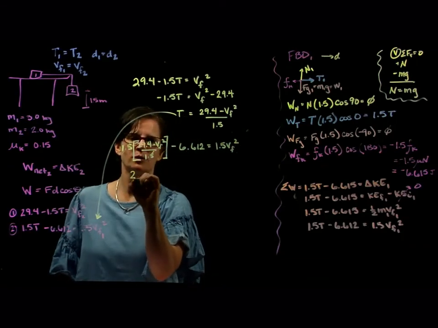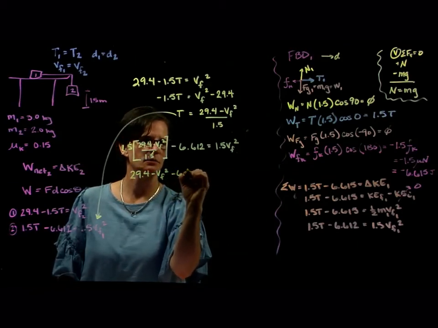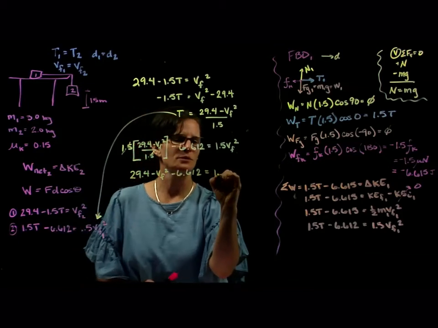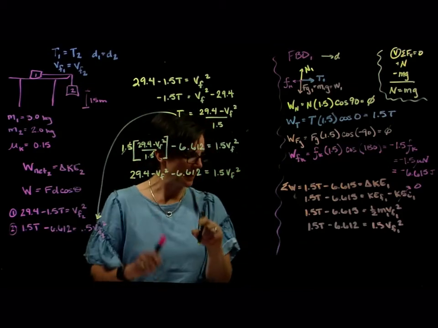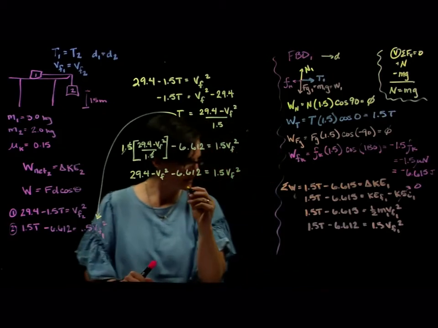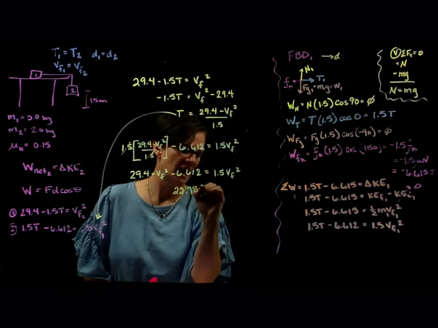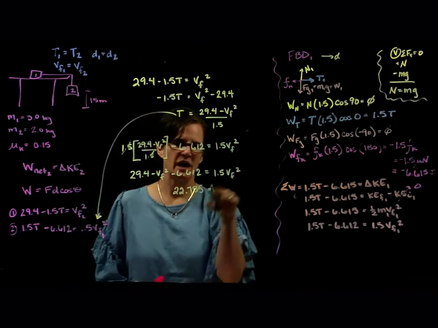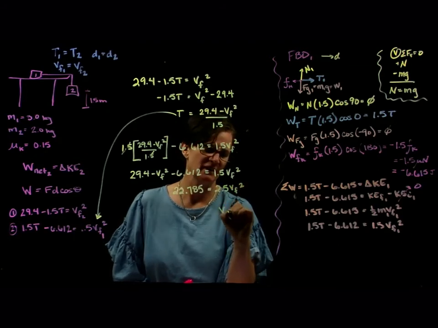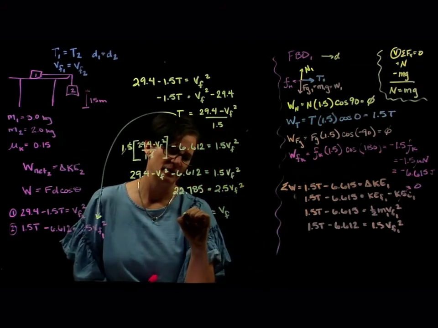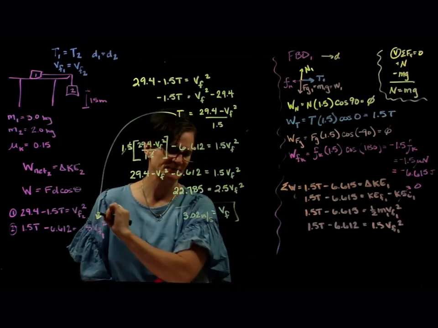I end up with 29.4 minus v final squared minus 6.615 equals 1.5 v final squared. When we bring v final over, collapse those two, we end up with 22.785 is equal to 2.5 v final squared. And when I solve for v final, I end up with 3.02 meters per second.